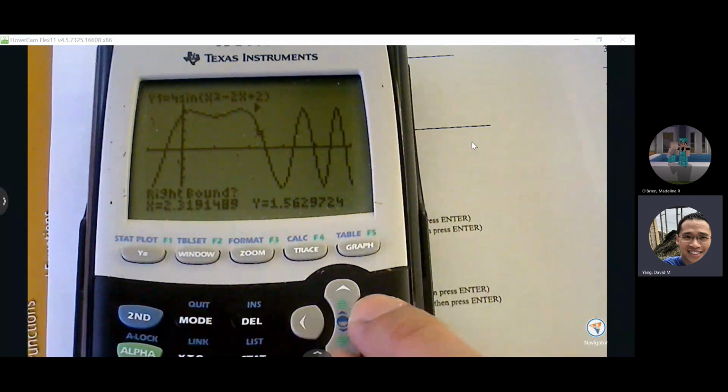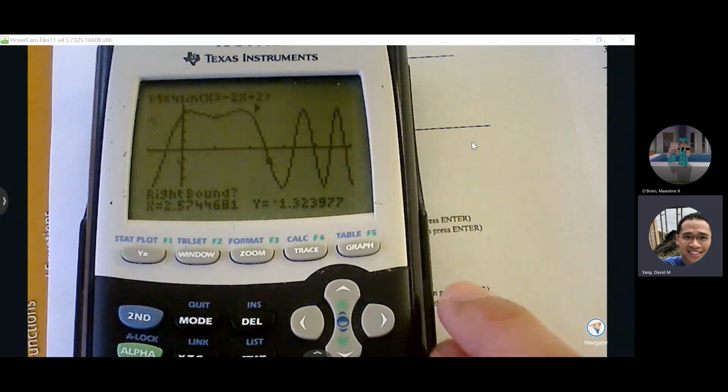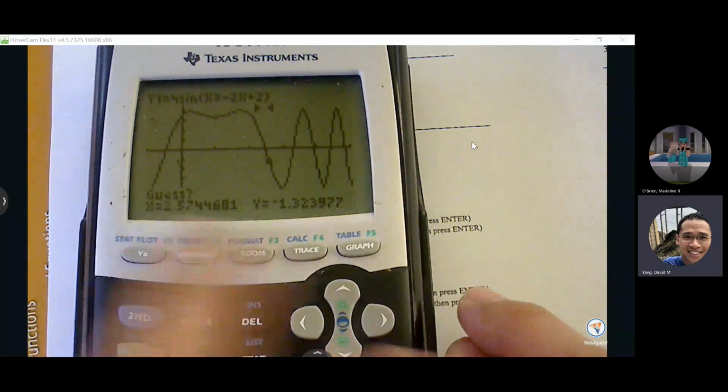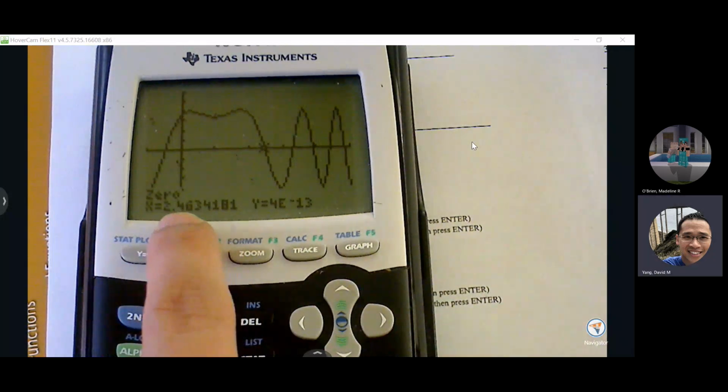So now you're going to scroll over to the other side of your x-axis. Hit enter again. And then you're going to see the word guess. You see that on your calculator, guess. So now the calculator knows your endpoints, and it's going to be looking for that x-intercept for you. So you hit enter again, and it's going to zero in on that x-intercept, 2.463.